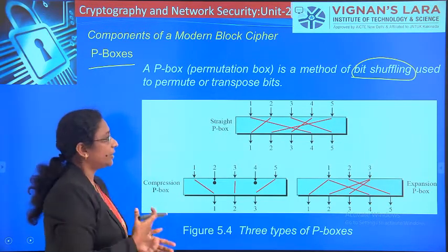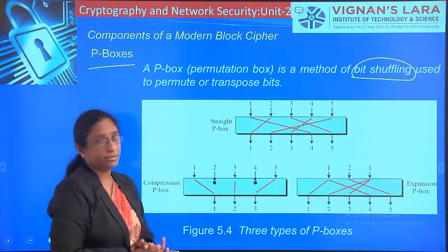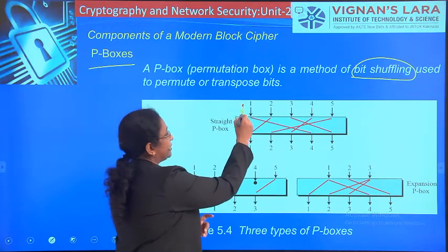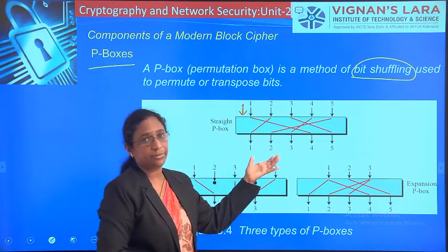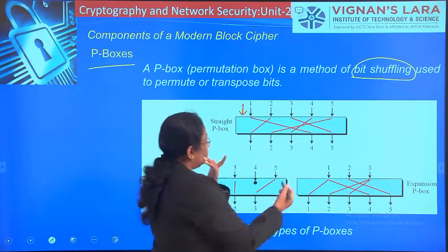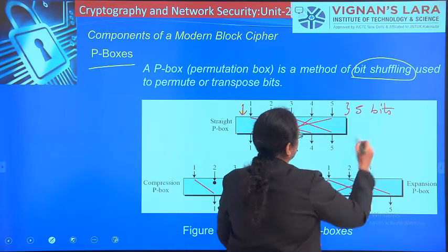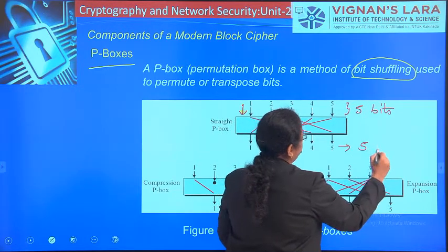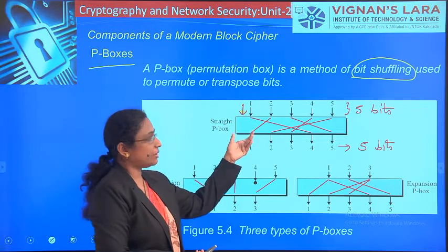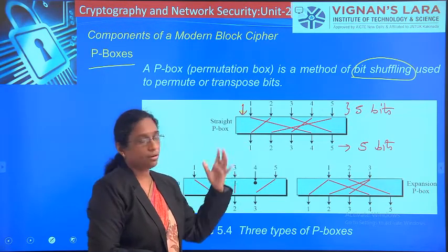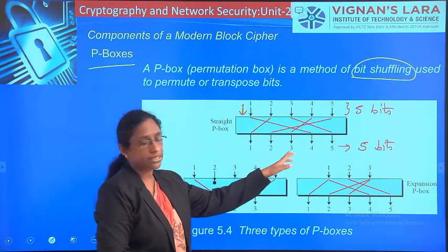Here we have 3 types of P-boxes. First, the straight P-box. The number of bits going in as input will be the same number of bits at the output. If you see here, 5 bits are the input, and as output you are getting 5 bits. Each bit is mapped to some output bit.